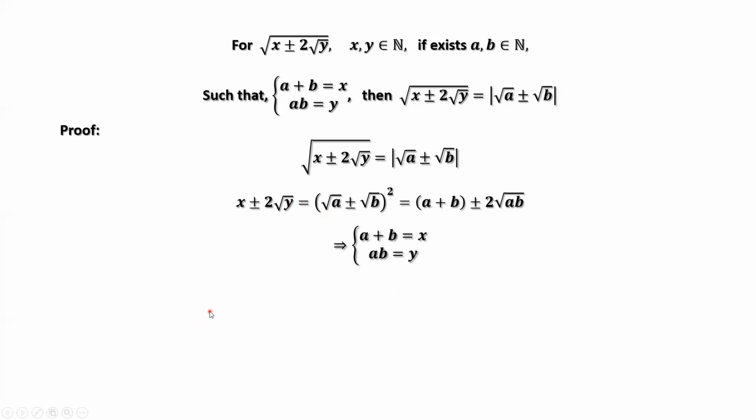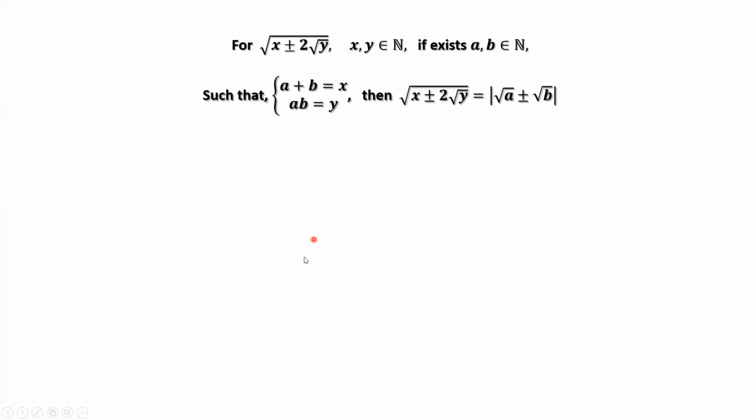Now we are going to use this result to solve questions. Look at the first example. Square root of 3 plus 2 times square root of 2. Does this match the given format?